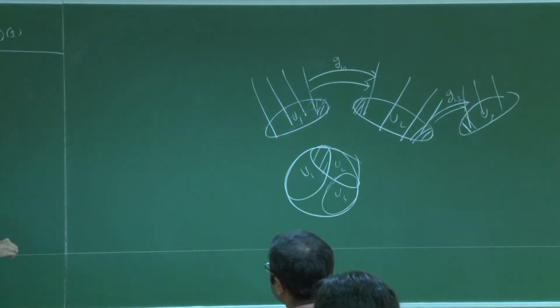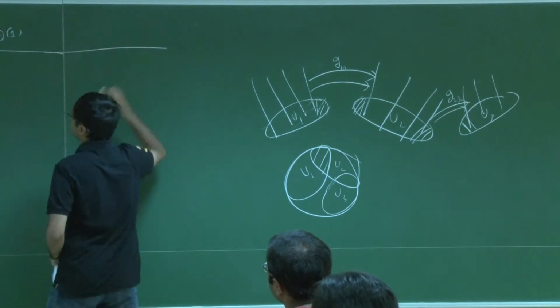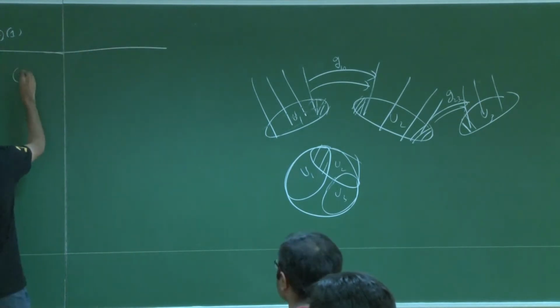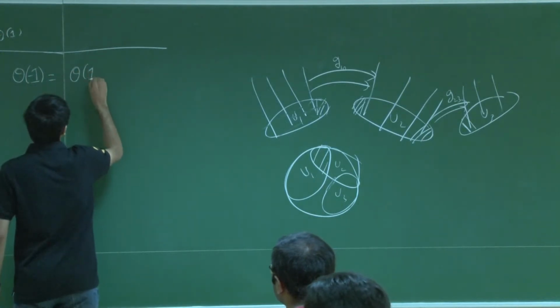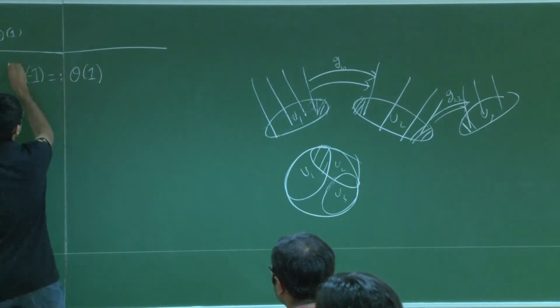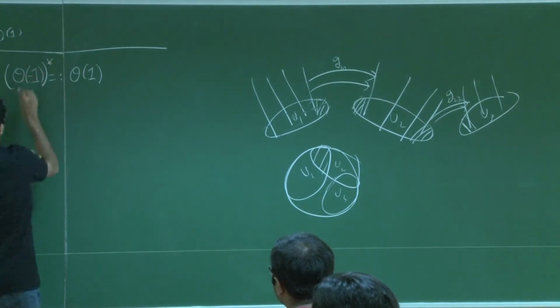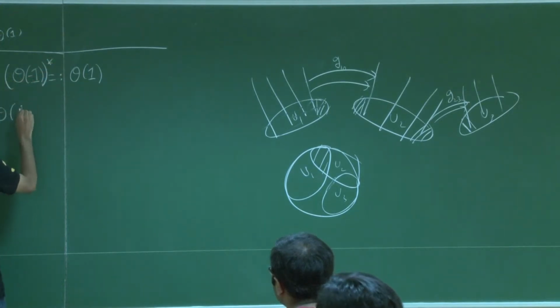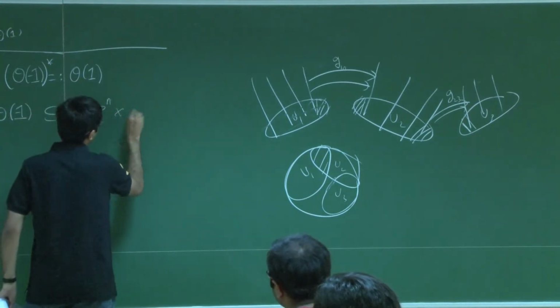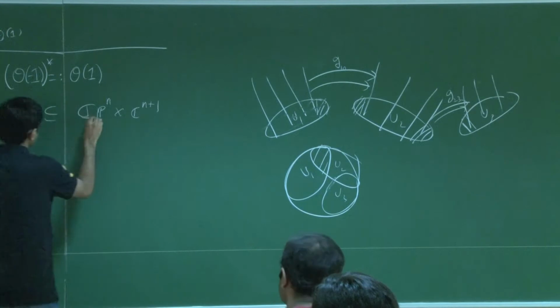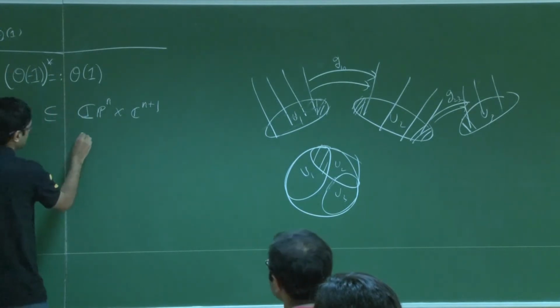Okay? Another way is a more geometric one. You first define O(-1), and then you define O(1) as the dual of this, where O(-1) is defined to be a subset of CP^N cross C^(N+1), satisfying, so what is CP^N?